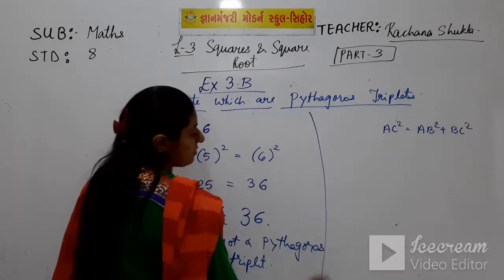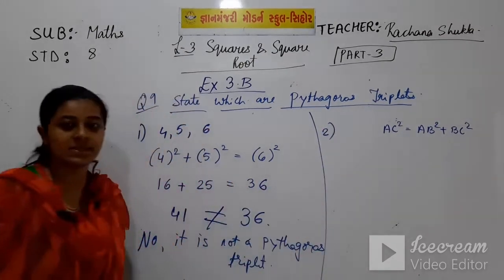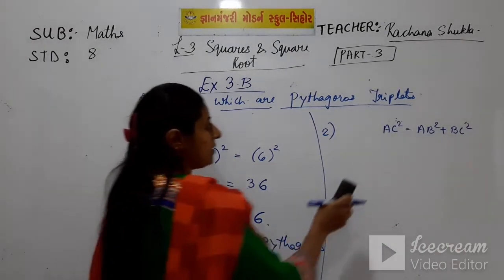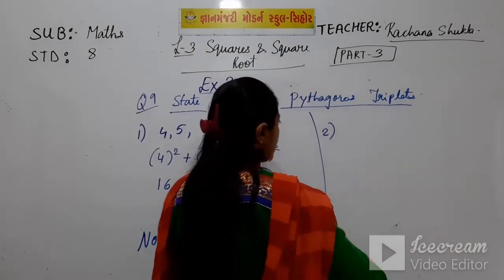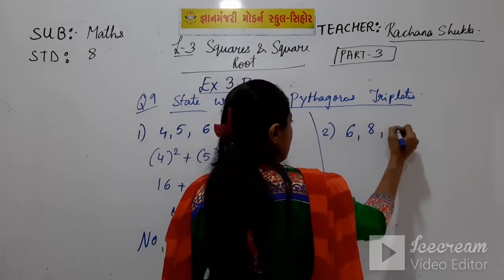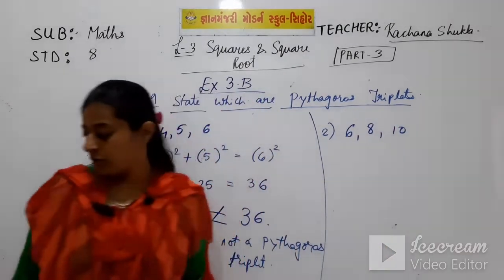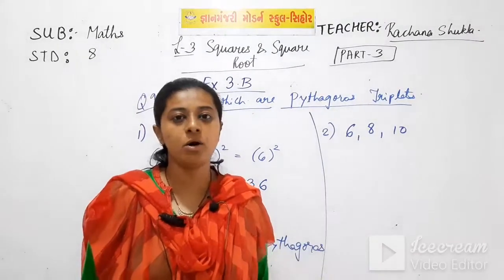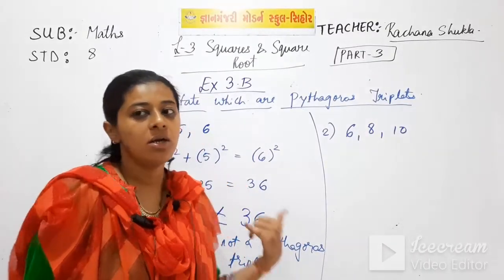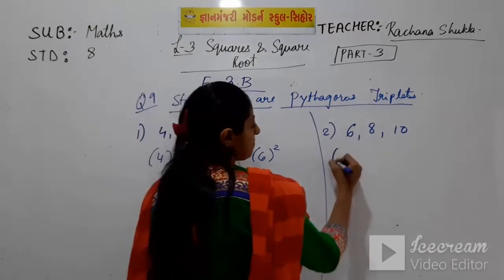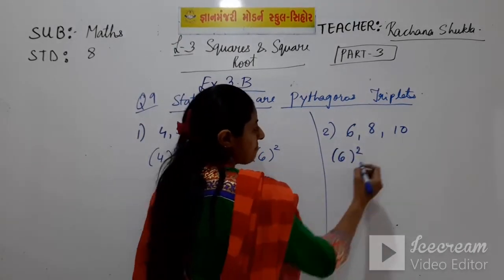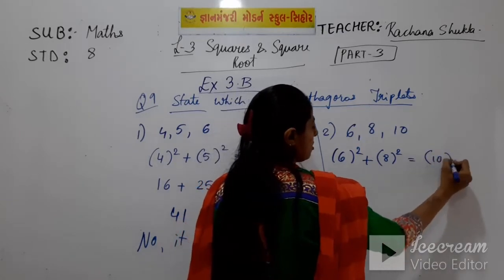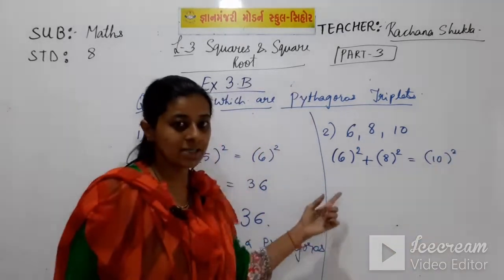Like this way we will solve another sum, the second sum, that is 6, 8 and 10. For proving whether it is a Pythagoras triplet or not, we will write down 6 square plus 8 square is equal to 10 square. What is 6 square?